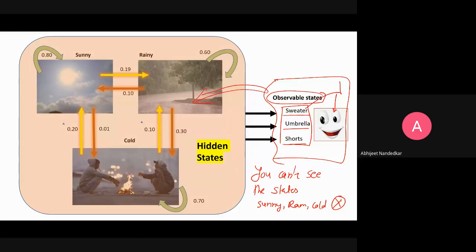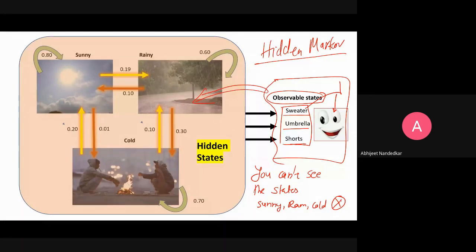If this is the problem, then this is called a hidden Markov model. Markov is when you see directly the states, you can see all the states, what is the current state, what is the next state. If this is observable to you, then it is a simple Markov.